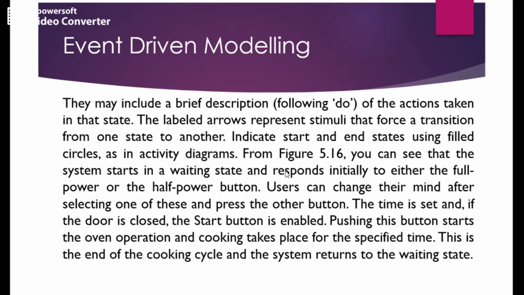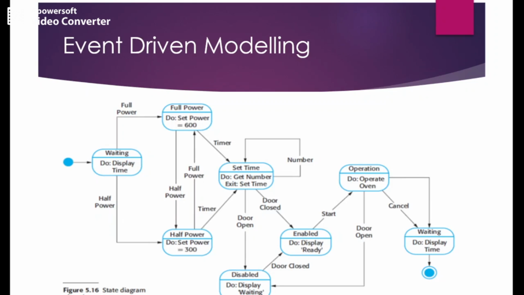The response is initially to either the full power or the half power button. So you can see here, if full power, after receiving this event or stimuli, your system state will move from waiting to full power. So do, what is that?